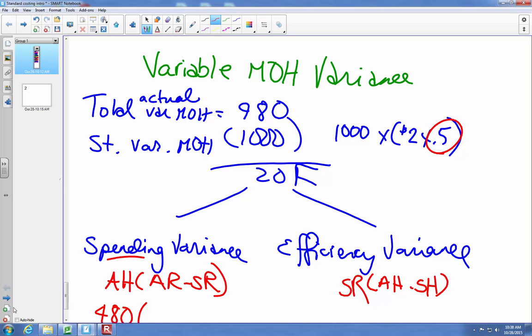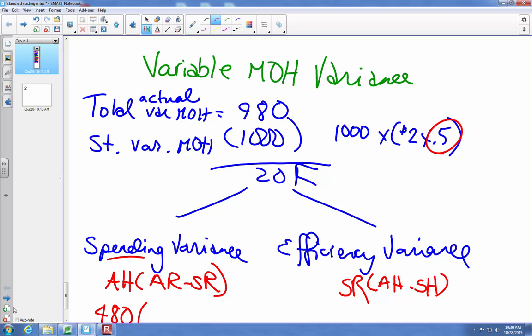Anybody get the actual rate yet? 2.04. Okay. And how did you get that? I took the 980 divided by the hours. Yep. 980 was how much I actually spent divided by the hours I worked, which was 480. So 980 divided by 480, 2.04 is what my actual rate was.